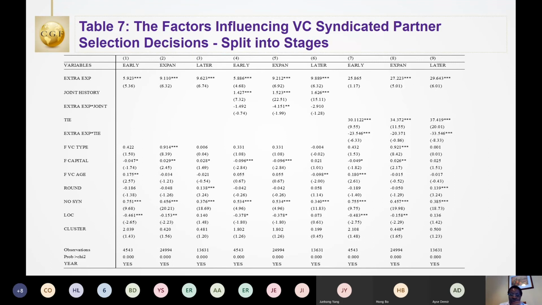And the results are captured here in table 7. And what is still important is that the main arguments about extra experience, the main arguments about the tie and the trust are very important. And so is the interaction between extra experience and tie. And some of the characteristics still play an important role, including the type of venture capital allocation and others.